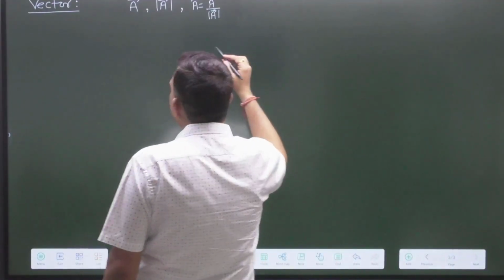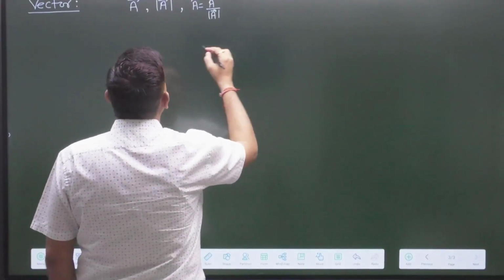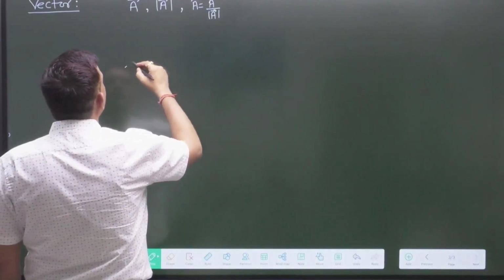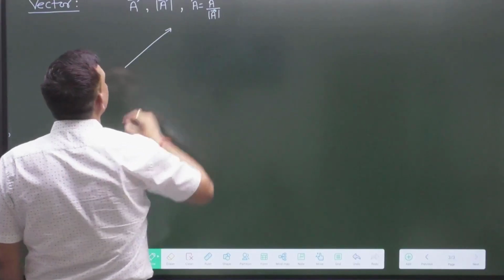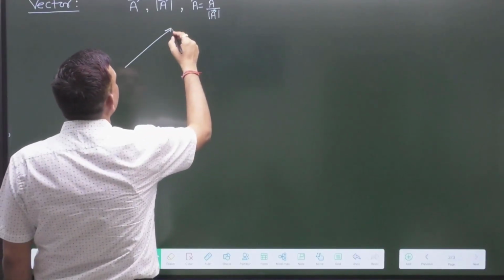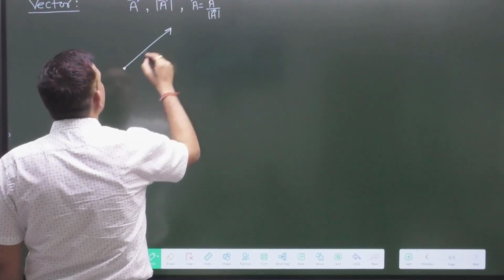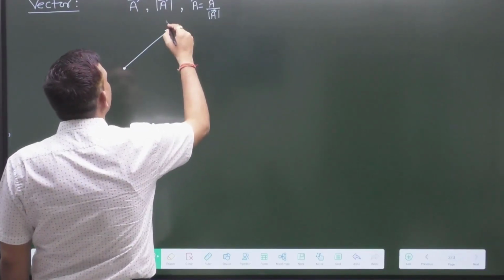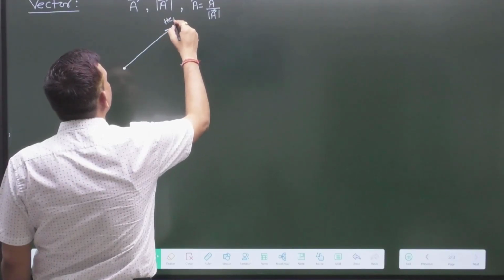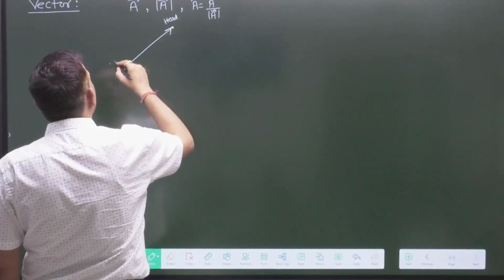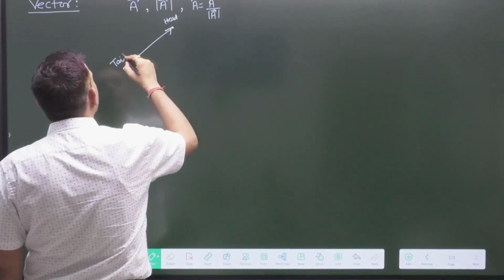And we represent any vector, let's say this is vector A. That is how a vector is represented. We call this point the head and this the tail of the vector.